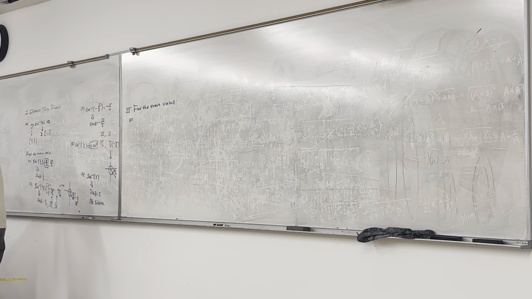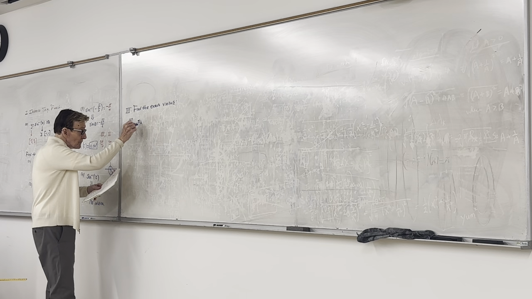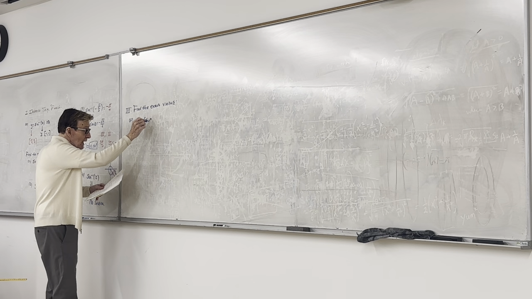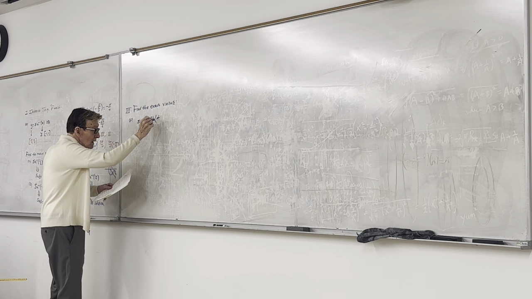Let's see what I brought in myself first. Tons of things here. Here we go. Sarah, see if this one's on the handout. Sine of inverse cosine of 1/2. Yeah.